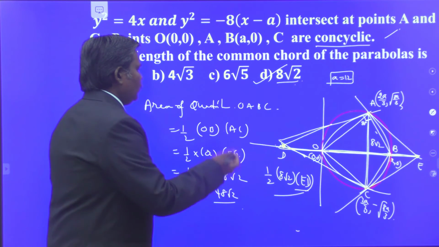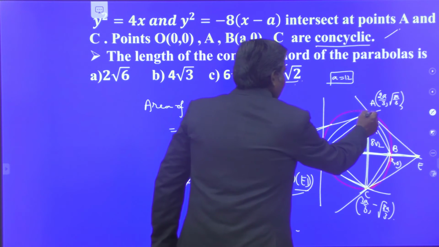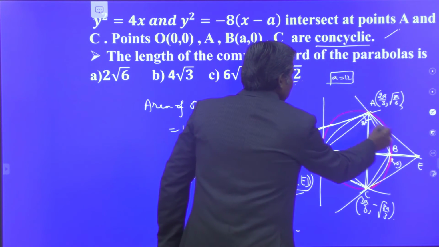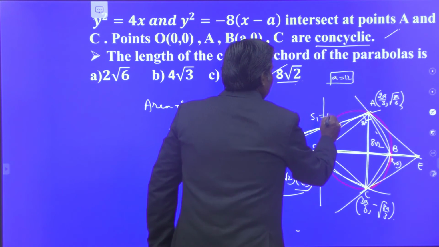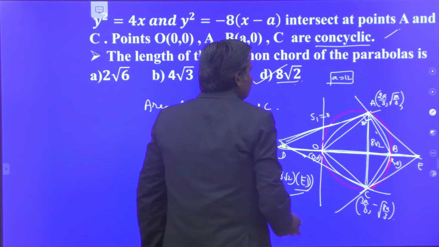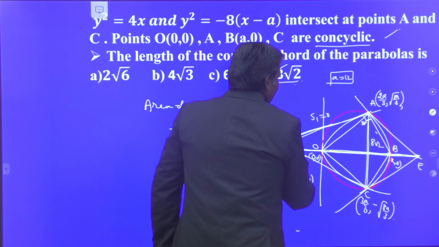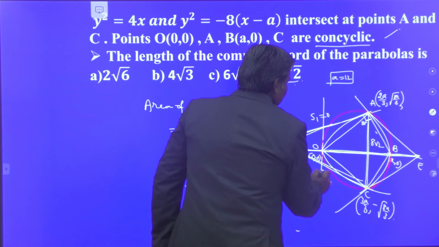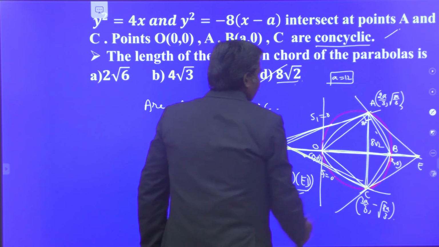So your job becomes writing the equations of tangents at these points of intersection. All of you know the tangent equation at the particular point is S1 equal to 0. Again you have to write the equation of tangent, that is S1 equal to 0 at this point.